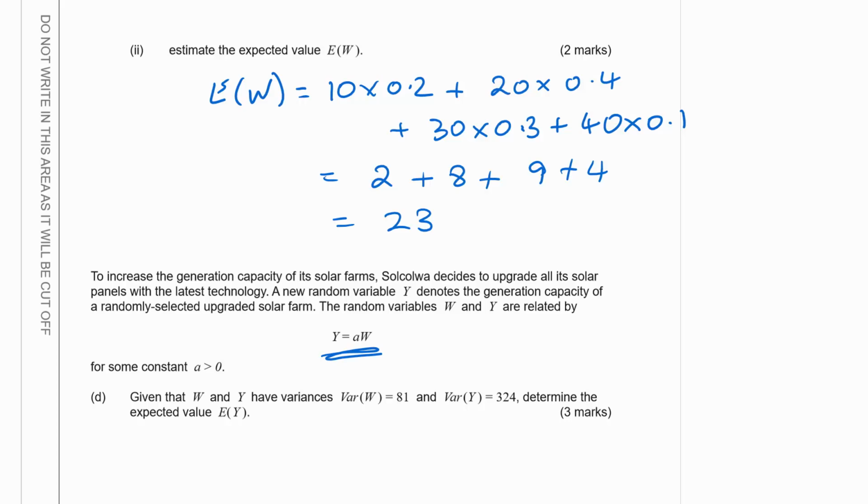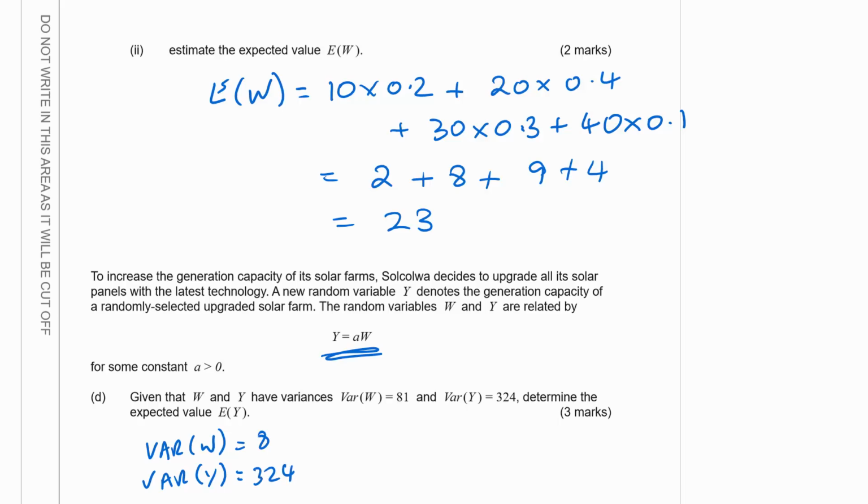Given that the variance of W is 81, and the variance of Y is 324.